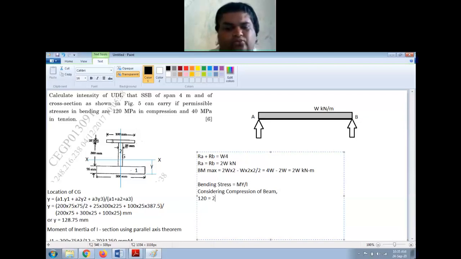It is 2W. This is in kilonewton meter. All my dimensions are in mm, so I'll convert this into Newton mm. So this will be W into 10 raised to 6, right? That is my M.